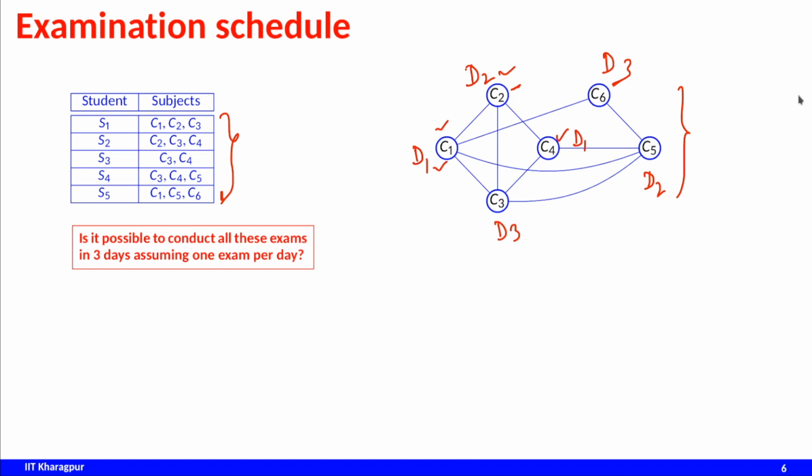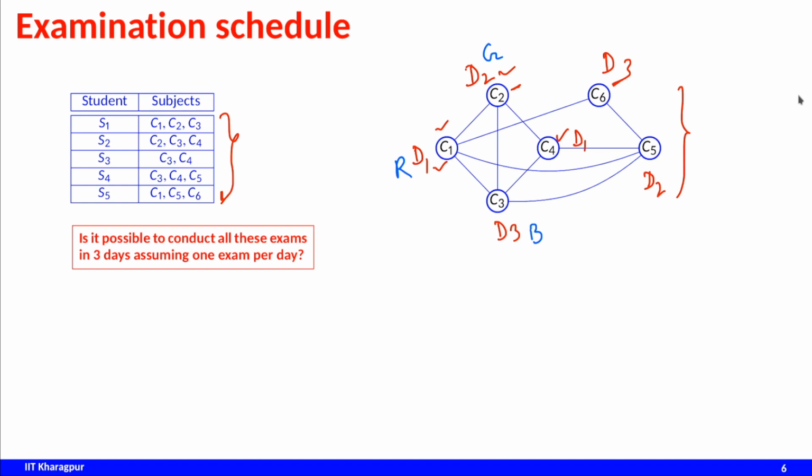So instead of saying D1, D2, in computer science theory, what we say is some kind of a color. We try to assign some color. Maybe I can call this red, this green, this blue, and so on and so forth.